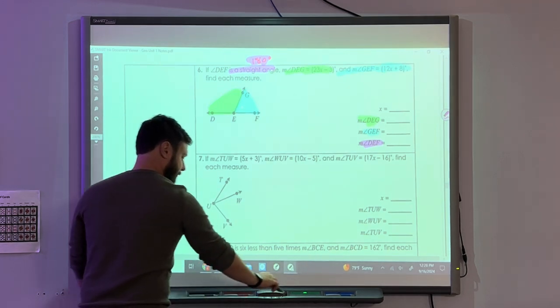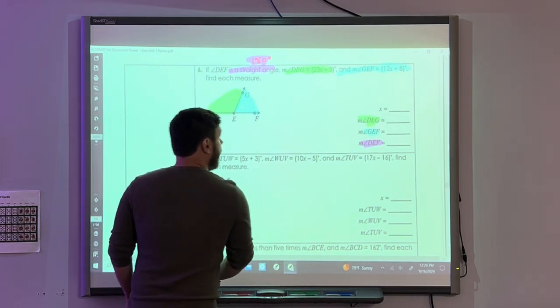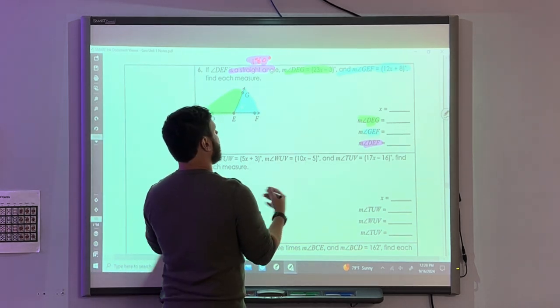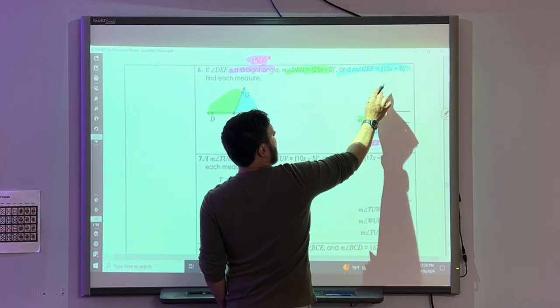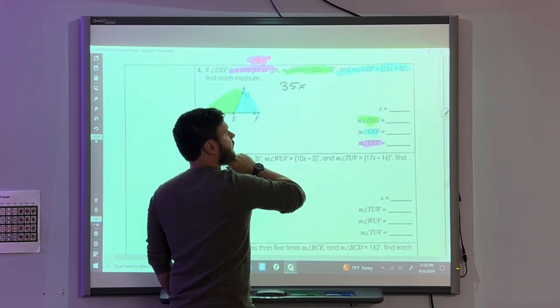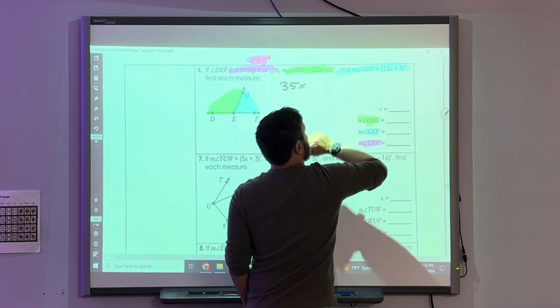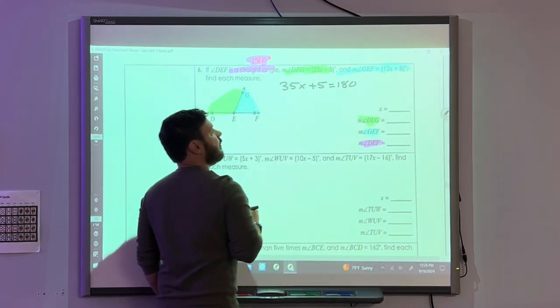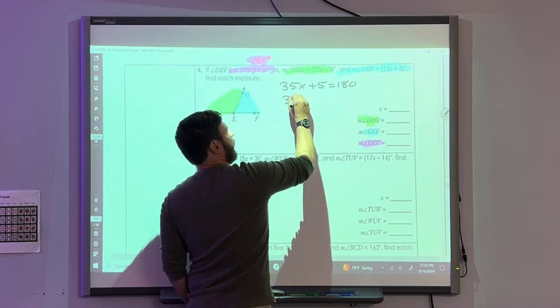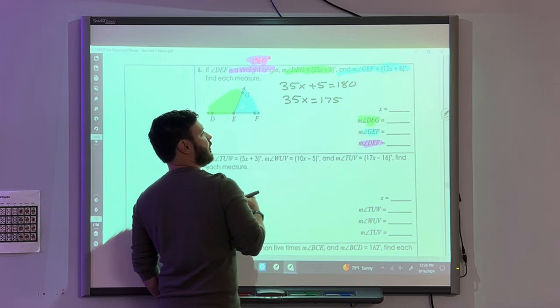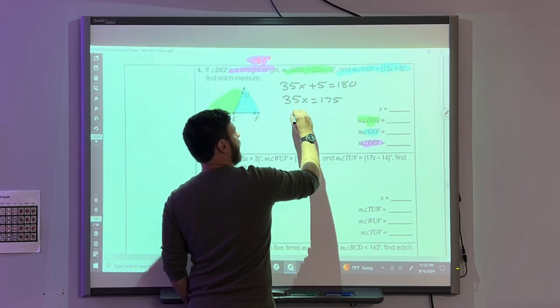Okay. Green plus blue equals purple. So add all of our stuff together, set it equal to 180. 23 x's plus 12 more is 35 x's. Minus 3 plus 8 is still plus 5, and that equals 180. If we subtract 5 from both sides, we divide by 35, we should get 5.